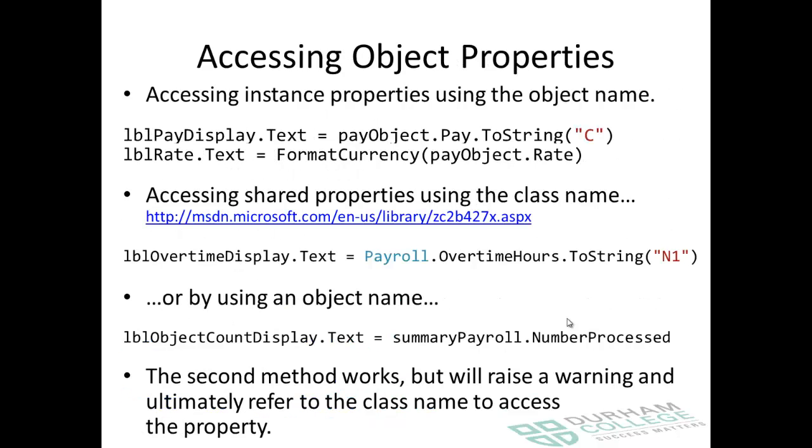In terms of accessing object properties versus shared properties, we can access instance properties directly through the object name. Shared is a little bit different. The desired method is to access those properties through the class name. I've included a link here to the MSDN library page on shared properties and accessing shared properties, and you can do a little bit more reading up on it there if you like.